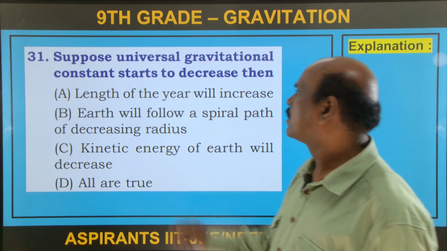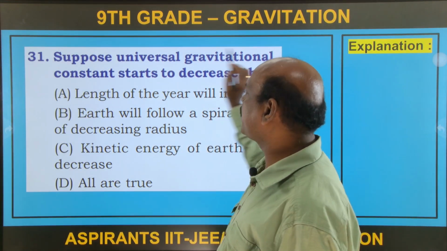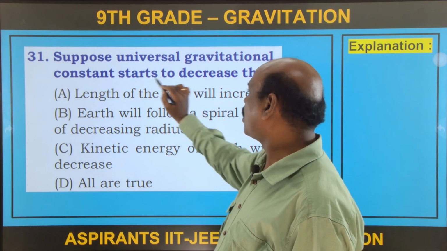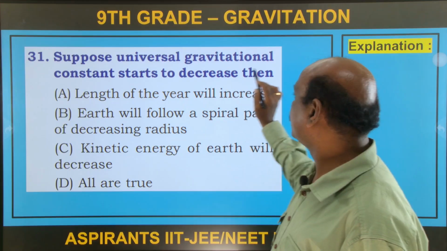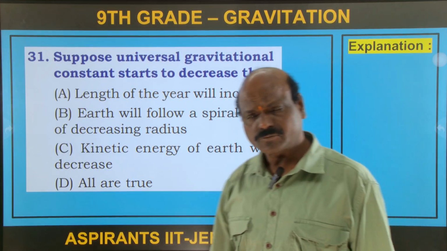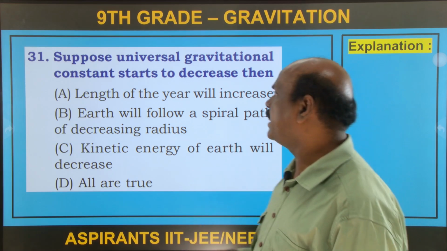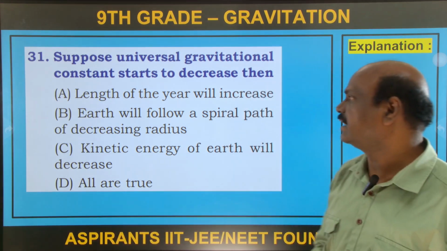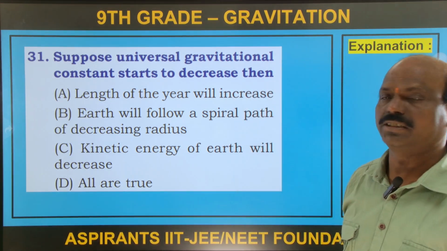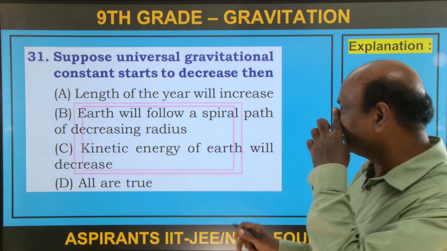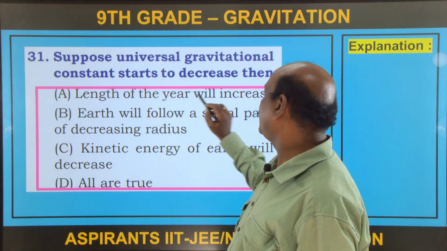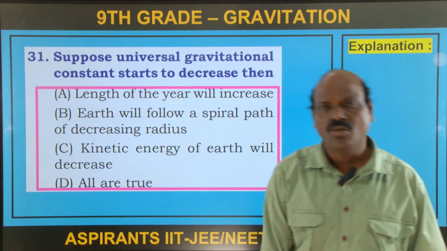Next, suppose the universal gravitational constant starts to decrease. So if the universal gravitational constant is decreasing, then what will be the effect? The effects, if you see: the length of the year will increase. Why?